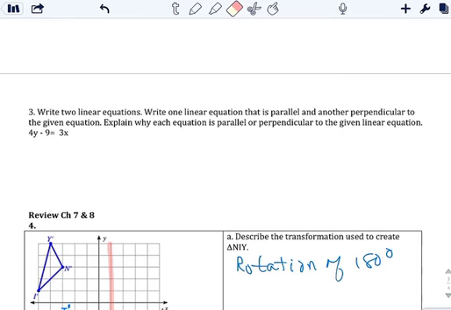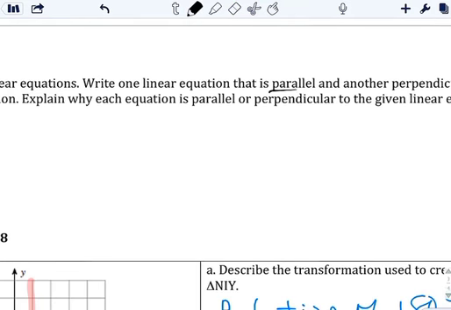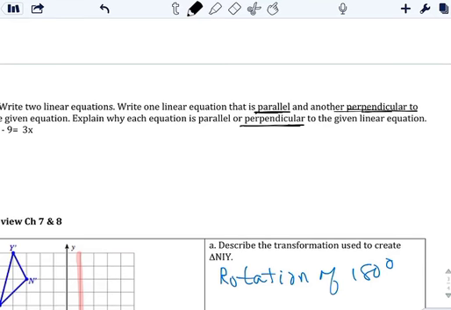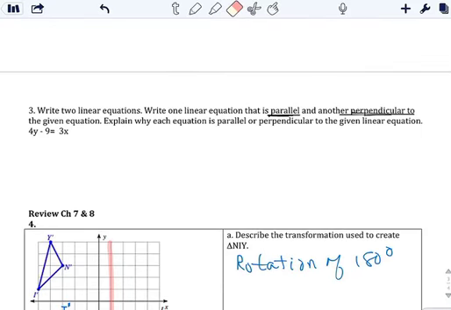I need you to find, what is parallel? What is perpendicular? What lesson was that, you guys? 10.4. 10.4. Okay? Oh, wow. No. Oh, I remember now. Stop. Thank you.